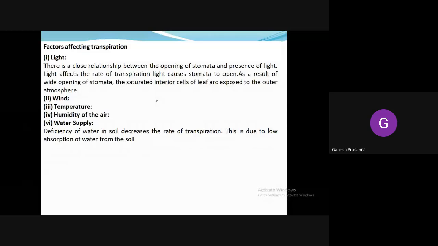Temperature, humidity of the air, and the water supply also play very important roles, because if there is a deficiency of water in the soil itself, then the rate of transpiration also decreases. Because the water cannot be absorbed from the soil, the plant doesn't get the soil water required for its growth. When water is not required for growth, then obviously the transpiration also decreases.